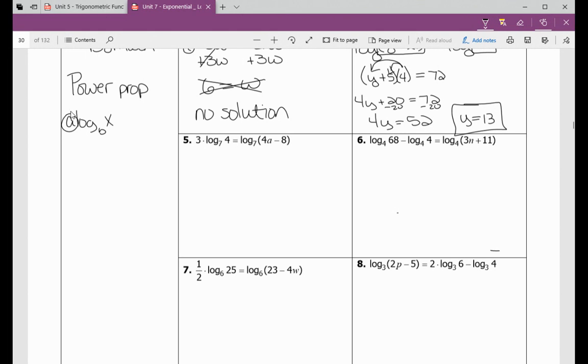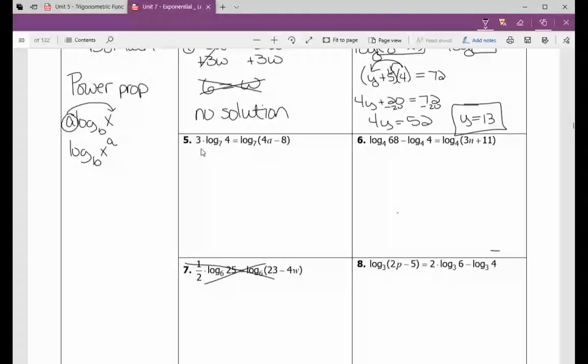You can take that a value and make it your exponent. So you can rewrite it as log base b of x to the a power. Because in the next couple of examples, in 5 and in 8, because we're not going to do 7, but in 5 and 8, we do have some multipliers that we have to deal with.